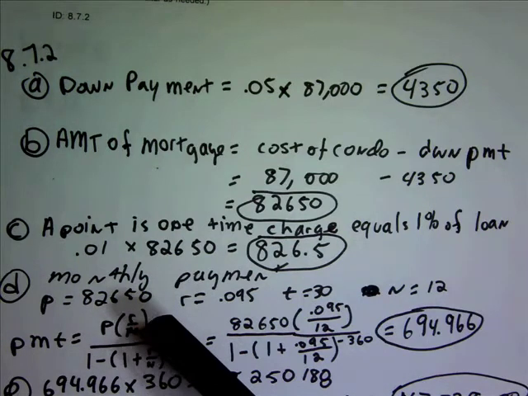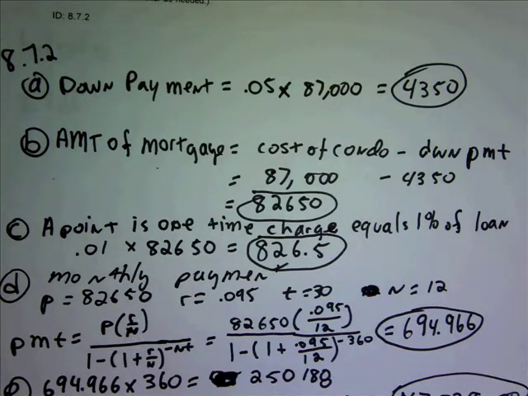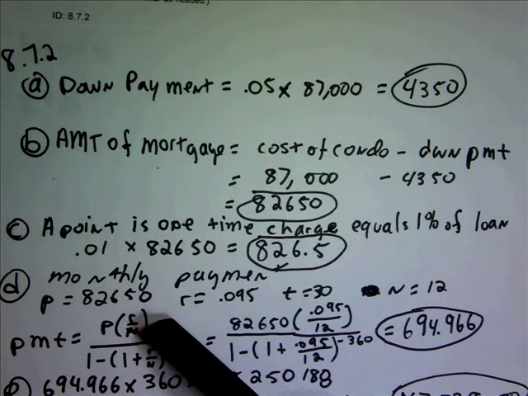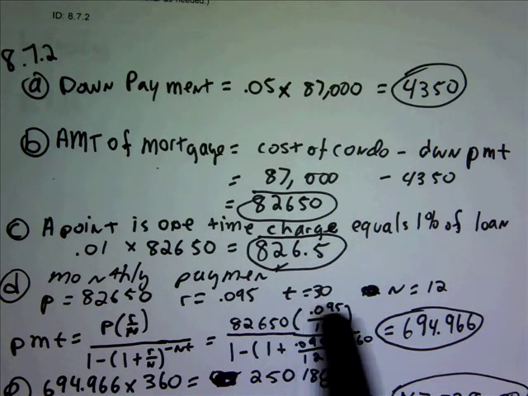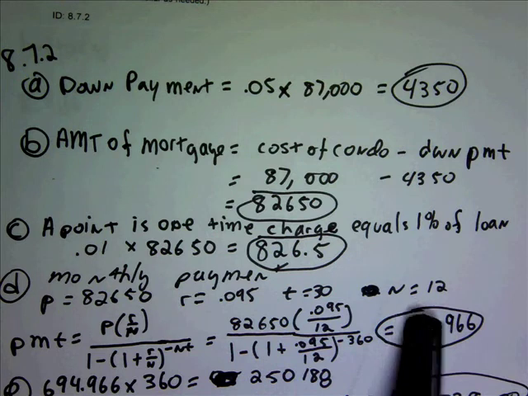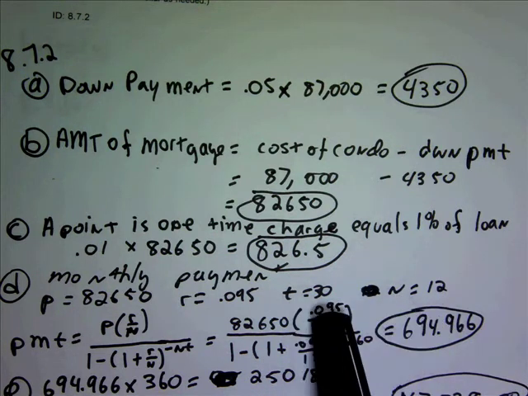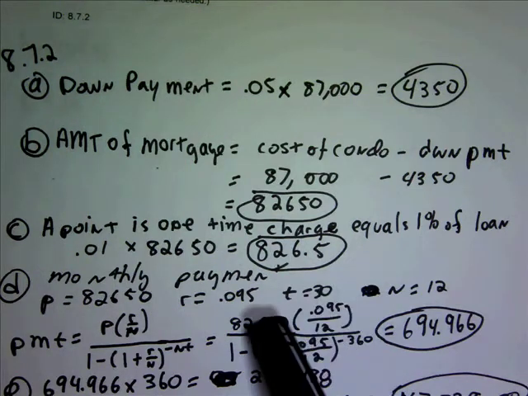The next thing they ask us to find is the monthly payment. So I have my payment formula here: my P, my R, my T, and my N. Monthly payments, so N will be 12, and T is 30 years for the mortgage, and my rate is given at 9.5%.